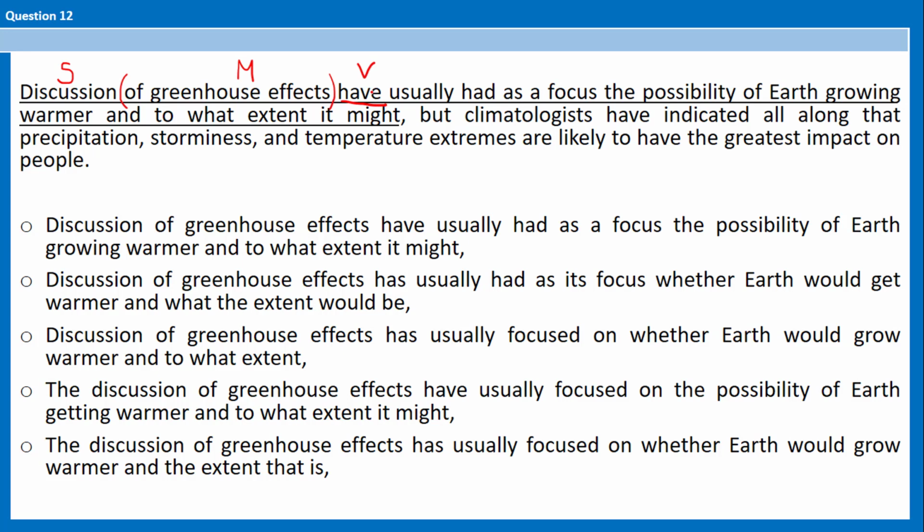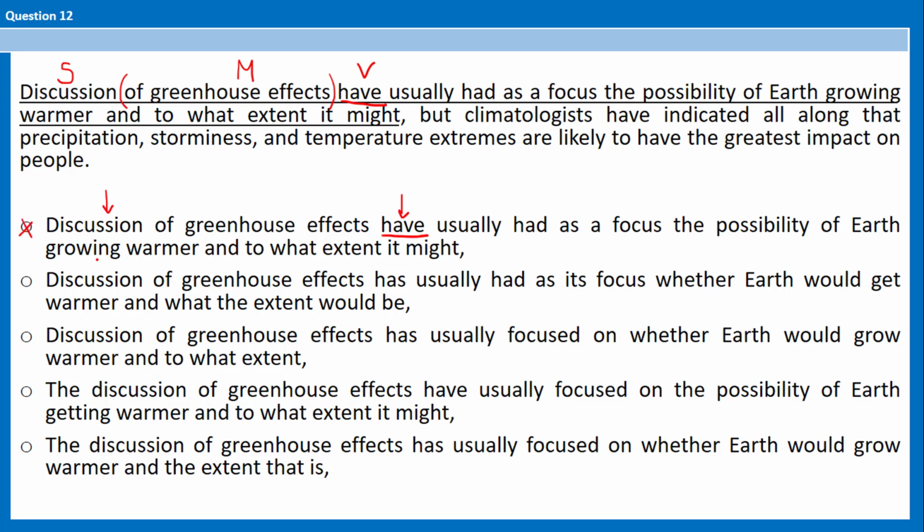So discussion have, usually had as a focus, the possibility of Earth growing warmer and to what extent it might, comma. But climatologists have indicated all along that precipitation, storminess, and temperature extremes are likely to have the greatest impact on people. So, since discussion is singular, okay, I cannot use the plural verb have.